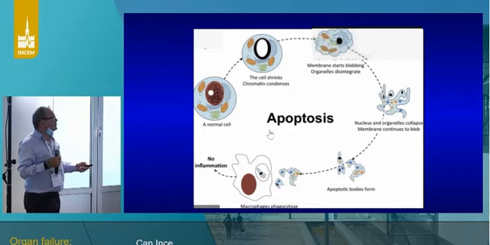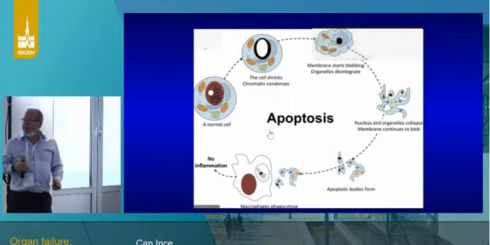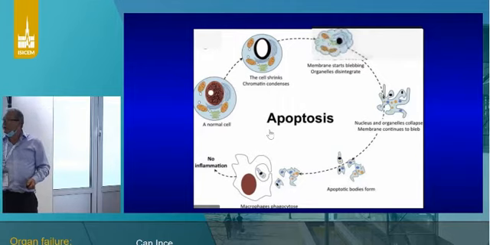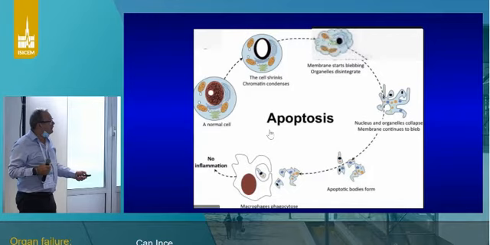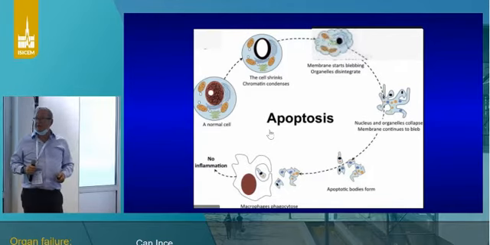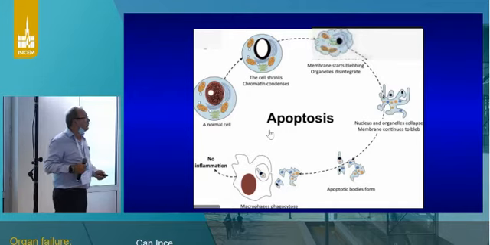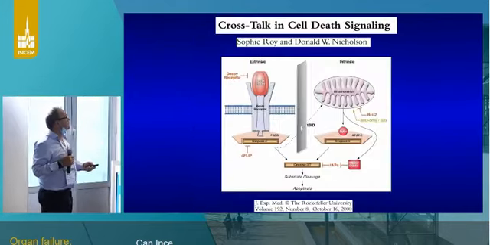It then starts to form what are called apoptotic bodies, which are then internalized by the macrophages and cleared by intracellular lysosomes. And that is the reason, because the macrophages are clearing all of these apoptotic bodies, you do not get an immunogenic response. Beautiful system.